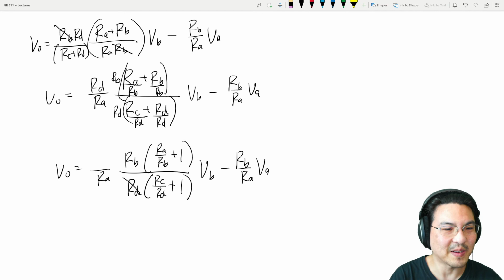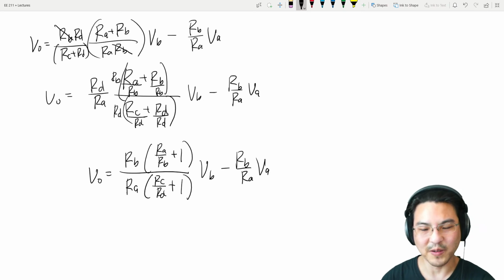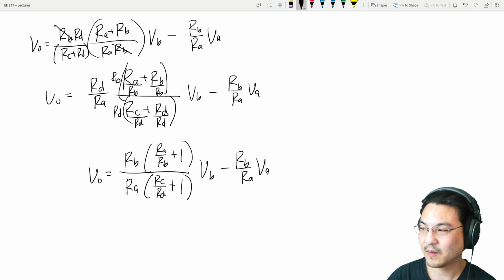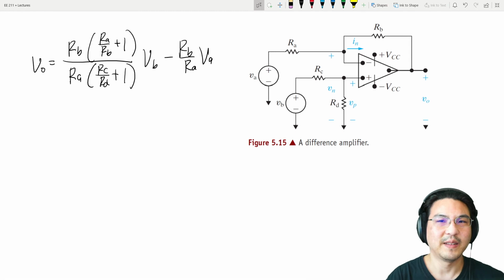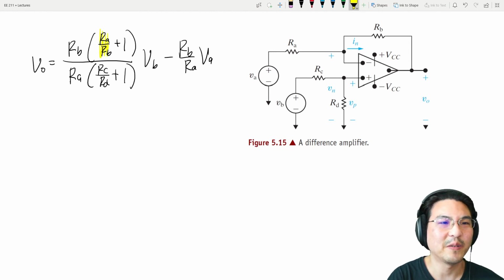Let me just cross that out. And then let me just write Ra over here. Okay, so let me bring the picture over here so we can look at it. Now do you see Ra over Rb and Rc over Rd?